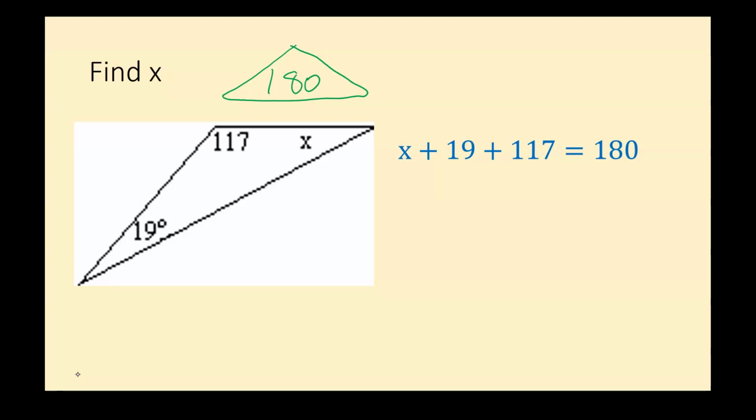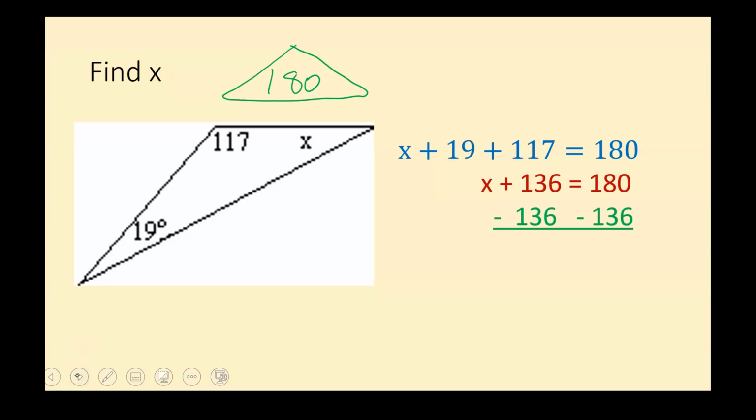Next, we want to start to solve for x. So we're going to simplify 19 plus 117, which gives us 136. Now we have an algebra problem. We need to get x by itself, so we're going to subtract the 136 from both sides.